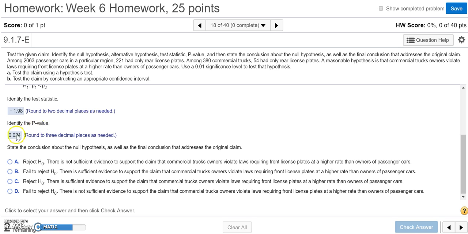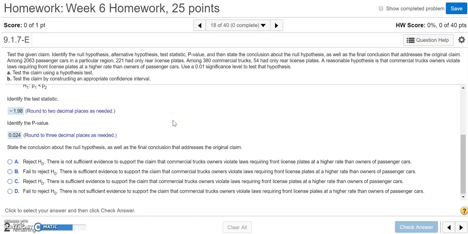When the p-value is greater than the significance level, you will fail to reject the null hypothesis H0. So that means it has to be automatically either B or D, because those are the only ones that say fail to reject H0. So now the question is, did we support our claim or not?